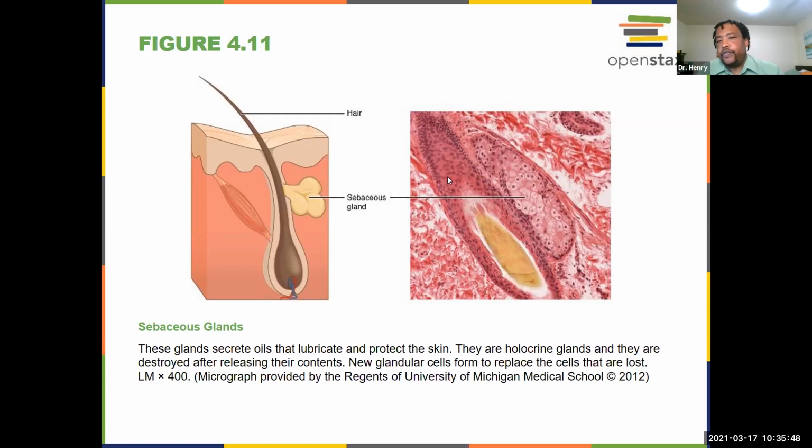So you can imagine somebody who has extra oily hair would have a lot of these glands associated with their hair follicles, right? So these are going to be holocrine. What is the result of holocrine again?